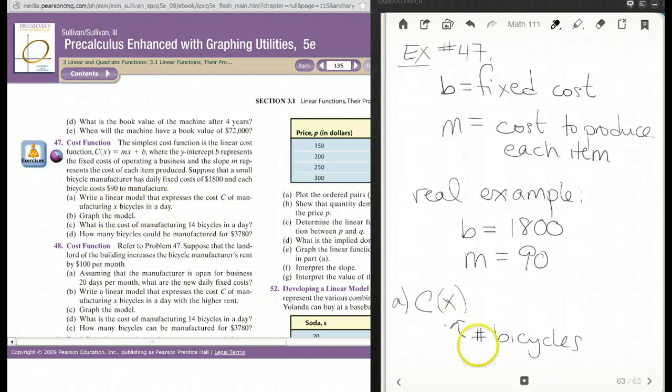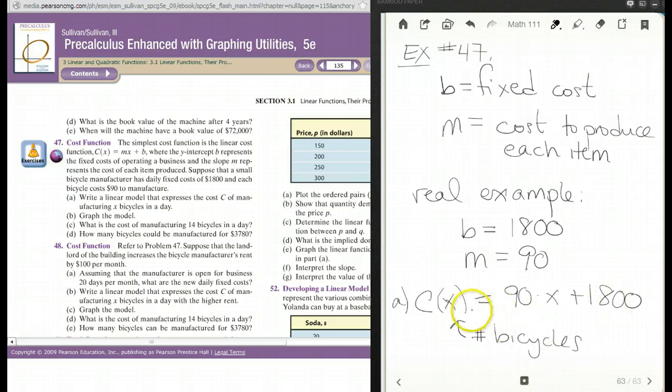So our input here is how many bikes we're going to make. The output of this function is going to be the cost. How do I write this? We're told it's going to be a linear model, so we just follow the rule. I write mx plus b. For this bicycle shop, m is 90 times x, plus b is 1,800.